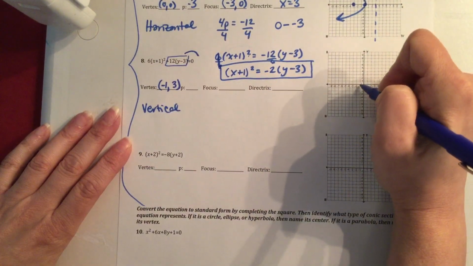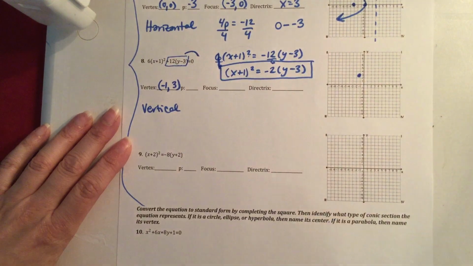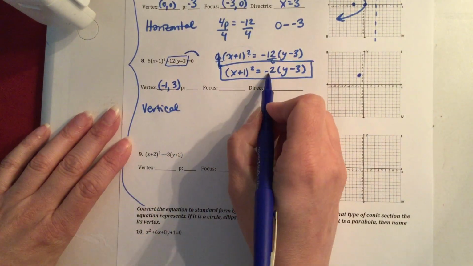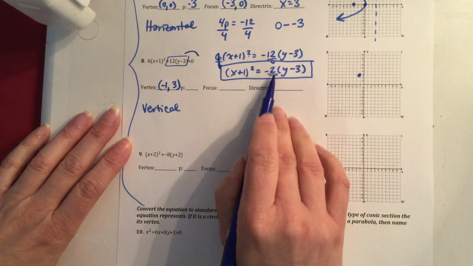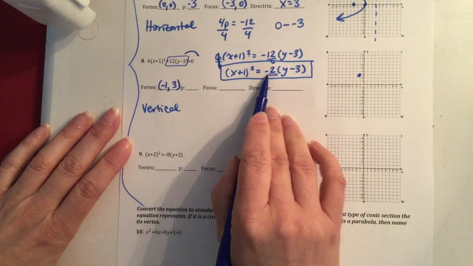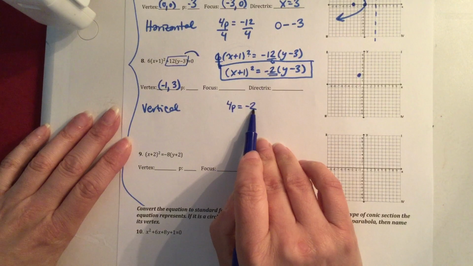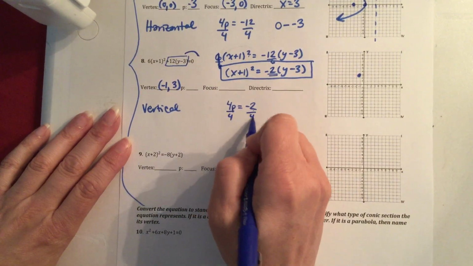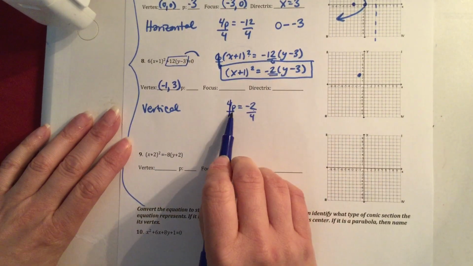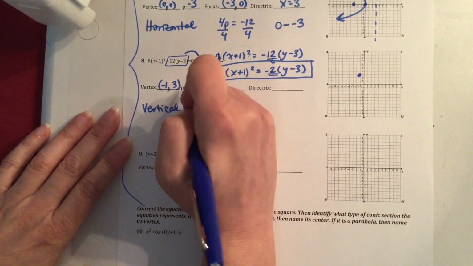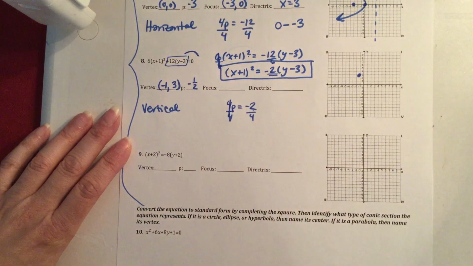So the vertex is negative 1 up 3. Now P, the value that's on the other side of the equation as the power of 2. It's 4P equals, in our case, a negative 2. If I divide both sides by 4, P is negative 2 over 4, which is a negative 1/2.